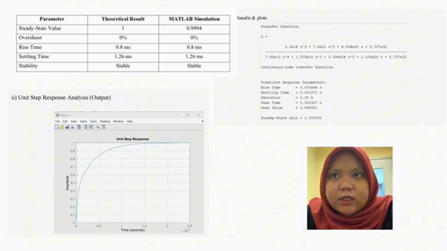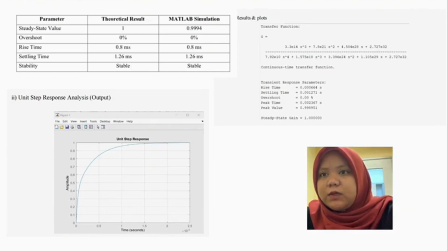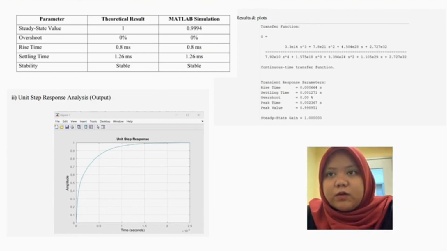The settling time is about 1.26 millisecond, showing that the response becomes stable in a very short time. And the percentage overshoot is 0%, which means the output does not exceed its final value. This indicates that the system is well damped with no oscillation occurring during the response.